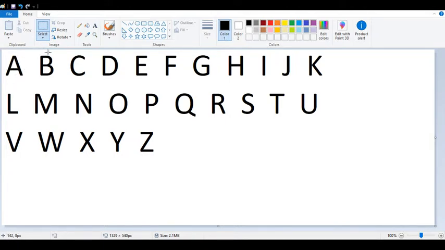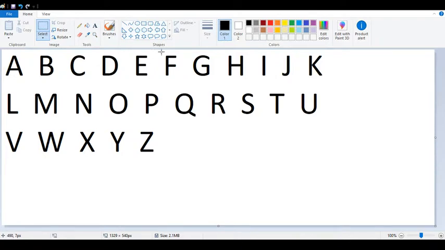B is for the B sound, B. C is for the cut sound, usually, but can manifest as a cert sound before front vowels like E and I. D is the dirt sound, D. E is for the air sound, or air, or E if lengthened.